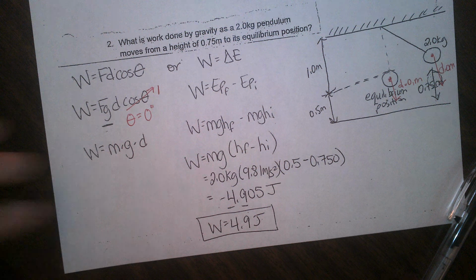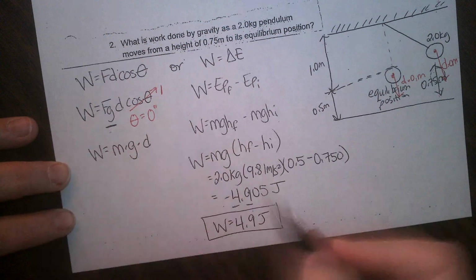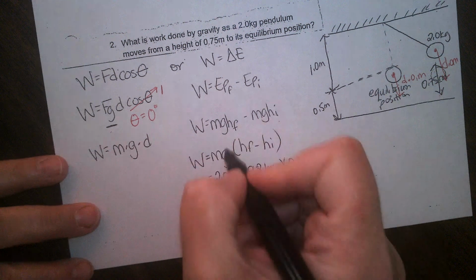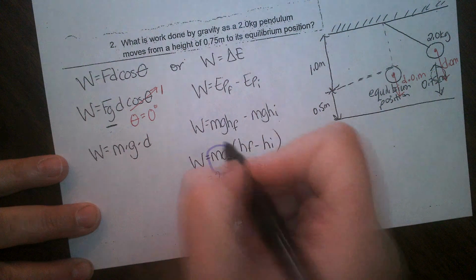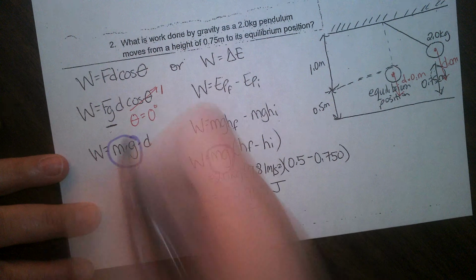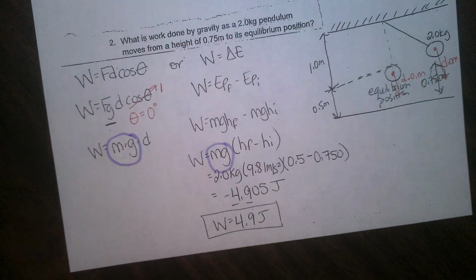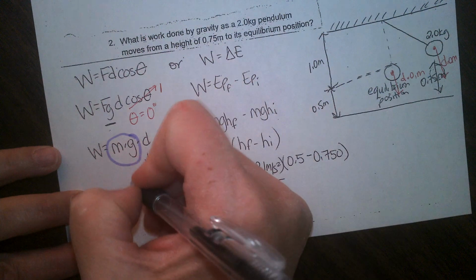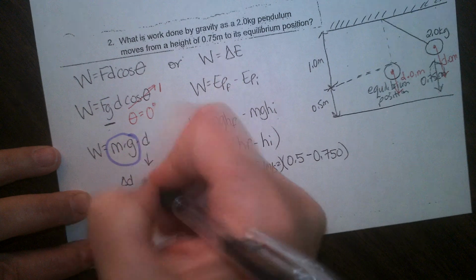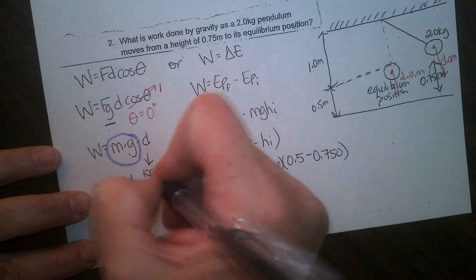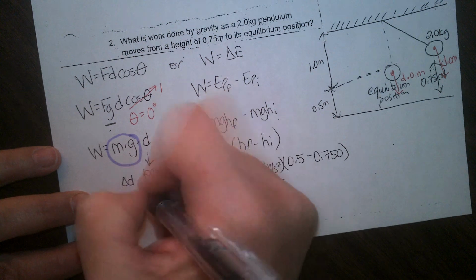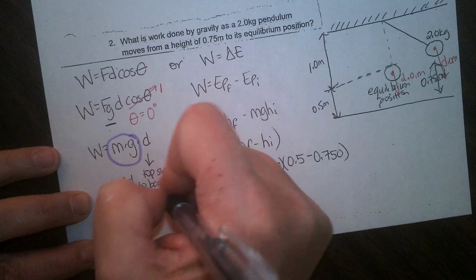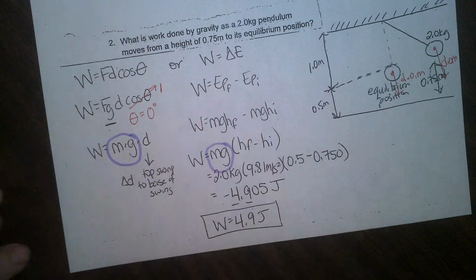Okay? If we looked at this one, we can see through comparison this piece here, and then the distance that you would use here would be the change in distance from the top of swing to the base of swing of the pendulum, right?